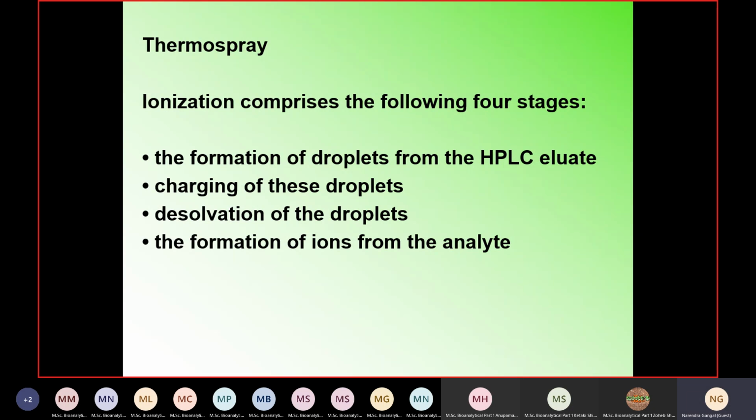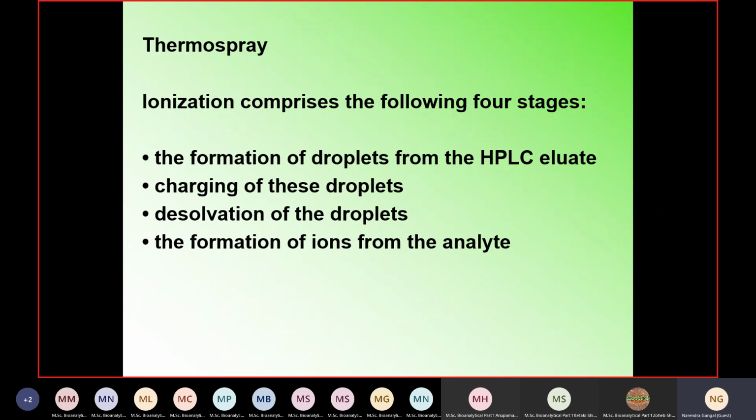So the second step is charging of these droplets. Then the third step is desolvation. The droplet comprises your solute of interest and your solvent. When you are doing LC, your solute is dissolved in the solvent. But the solvent is only a carrier. Are you interested in the solvent?